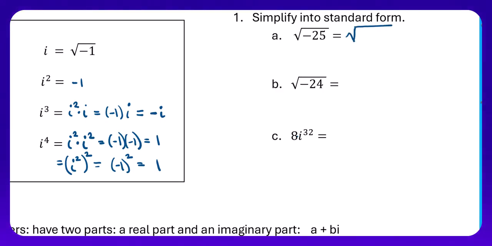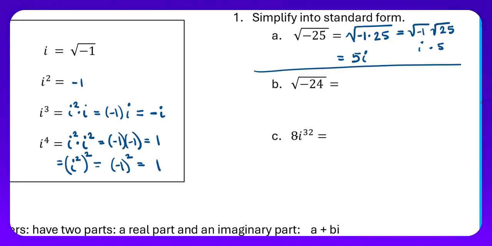So I can write this as the square root of -1 times 25. I can break this up into two different square roots, square root of -1 and the square root of 25. Square root of -1 is I. Square root of 25 is 5. Because it's multiplication, I can break it up. Typically, we write the numeric piece of it in front of the I.